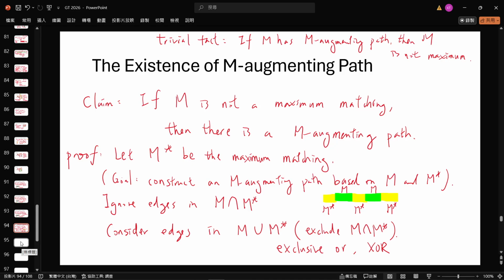If I want to count the degree of a vertex, and I just consider the exclusive OR of these two matchings, then what is the largest degree I can have if I only consider edges in the exclusive OR? So if we only consider edges in the matchings, and I look at the degree of a vertex, what is the maximum degree? Once again, I only consider edges in M and M star. Okay.